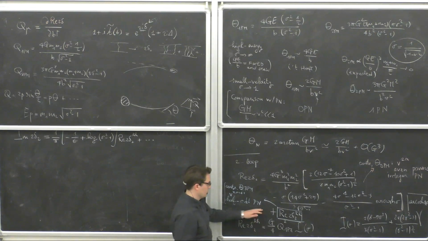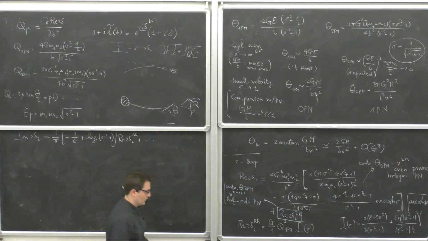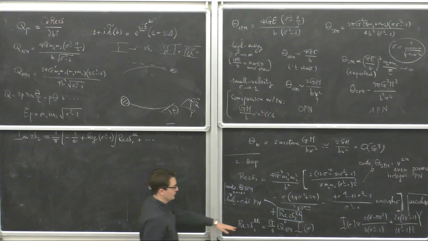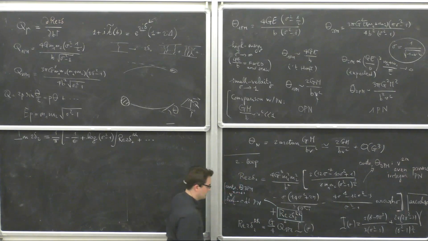In particular, to this order, the contribution is really due to a loss of angular momentum that back reacts on the trajectory, and this is why it's called the radiation reaction piece.